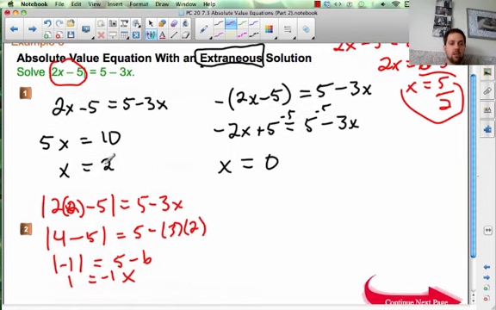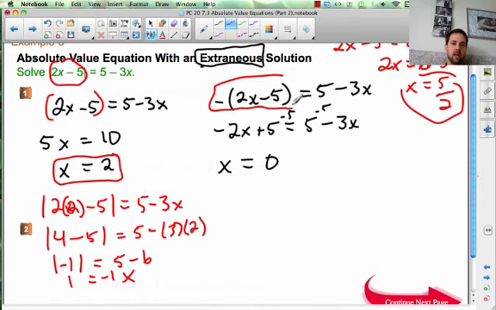Now, this solution, x equals 2, is smaller than 5 halves. So we know already that it doesn't fit properly in the domain that would allow us to use the positive version of this function. 0 is less than 5 halves, which is good because that's why we use the negative version of this function, because we're below 5 halves here.